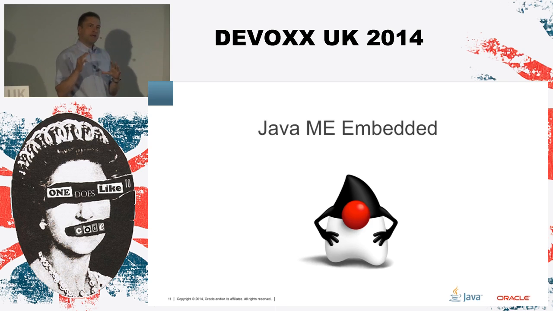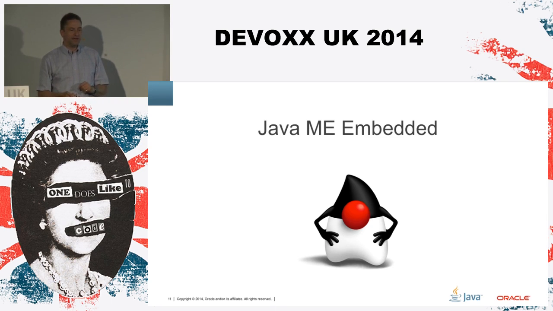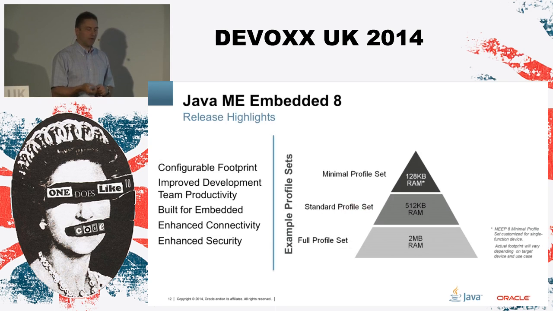So we are targeting our efforts for small things at embedded devices. And that's where Java ME embedded comes in. It's really a shift away from the old MEEP, mobile information device profile, which was targeted at feature phones, to devices which can support these kinds of applications.